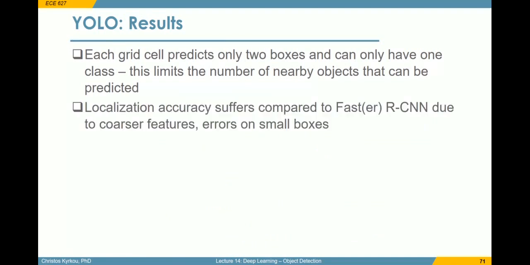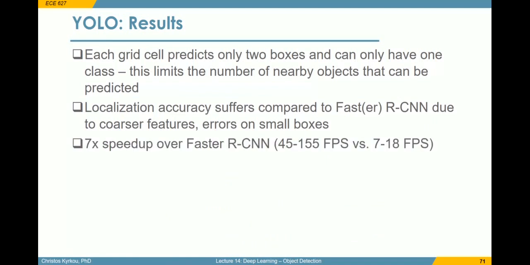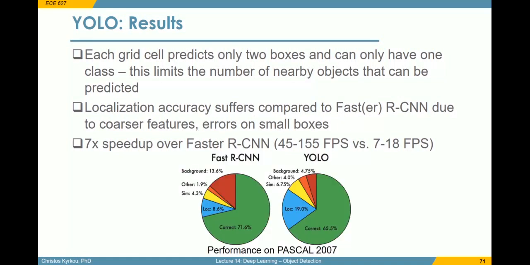So the first version of YOLO managed to achieve its main objective, which was to speed up the process with respect to region proposal methods. It achieved 7 times faster performance than Faster-RCNN, but if you look at the accuracy, it was lower.